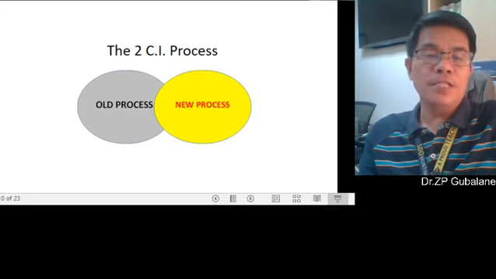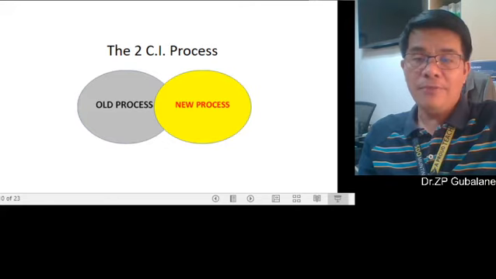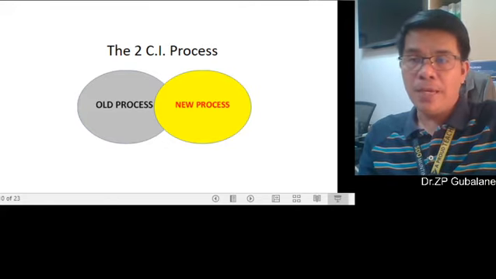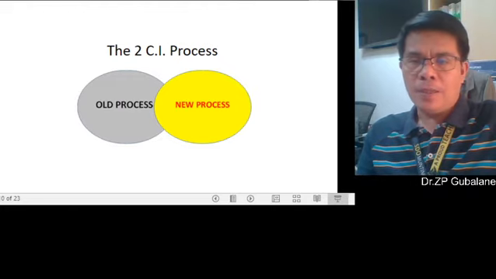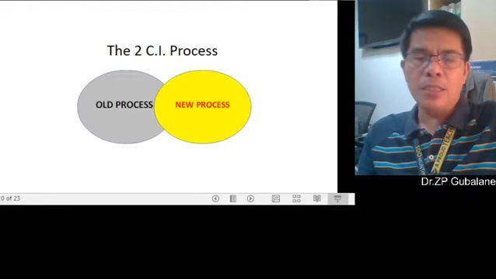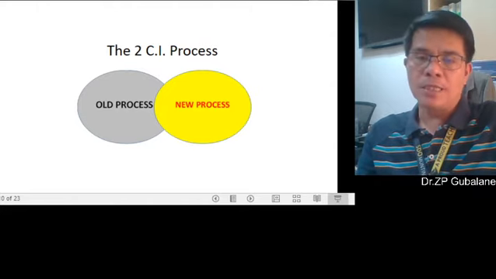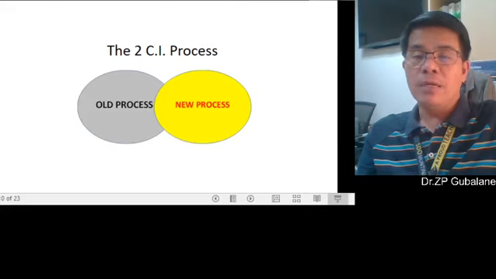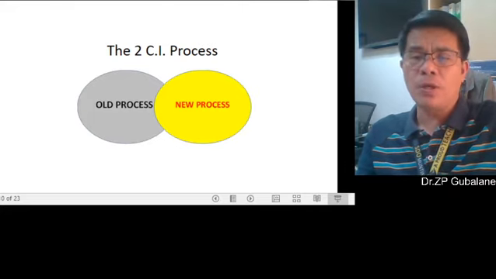So, in CI po, there are two focuses. The first focus is the old process, and the second is the new process. Now, very evident in this time of pandemic, there is actually a dramatic change in our school processes. I just would like to give you an example of this. For example, enrollment process.